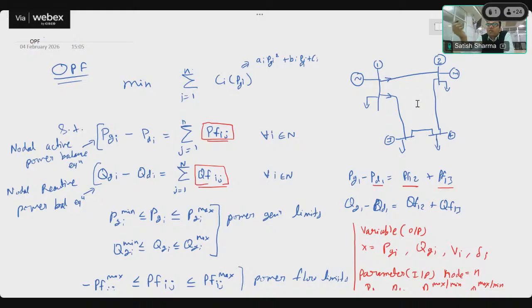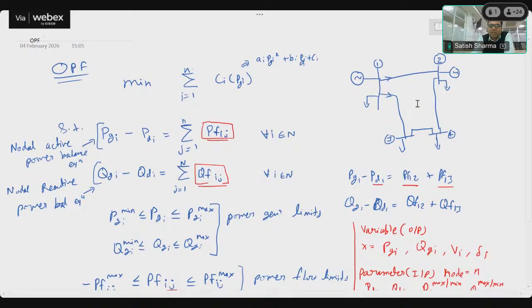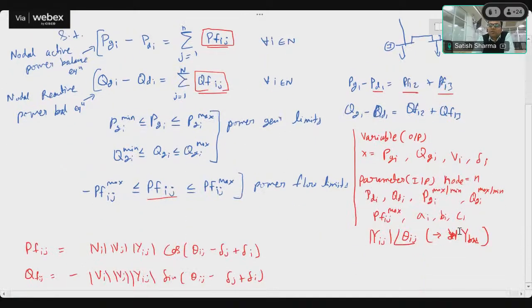The power flows will depend upon the resistance and reactance of the line. Power always follows the low impedance path, right? So you have to provide that impedance information, and that is available from the y bus. The y bus also gives you the topology, because based upon topology we create the y bus matrix.